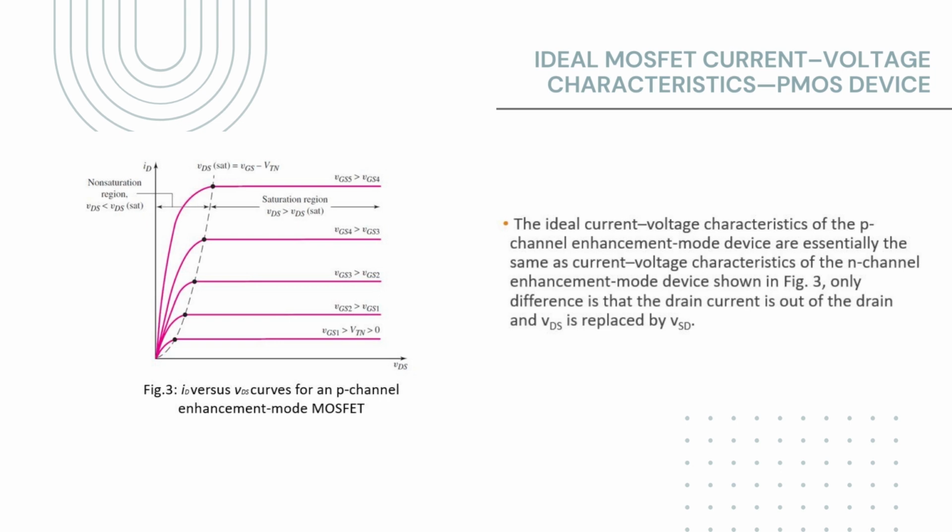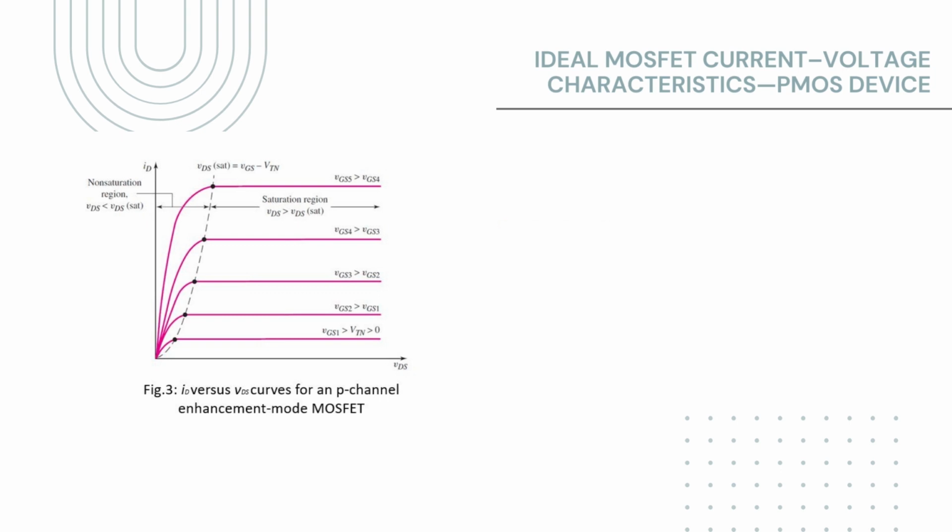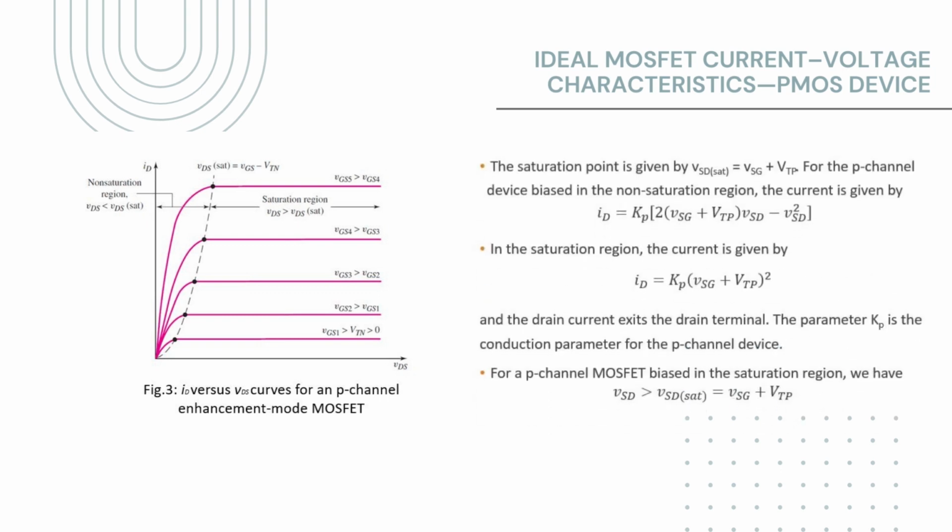So, this shows the current voltage characteristics for a p-channel MOSFET. Again, the drain current is on the y axis and the drain voltage is on the x axis. The saturation point is given by VSD saturation equals VSG plus VTP.